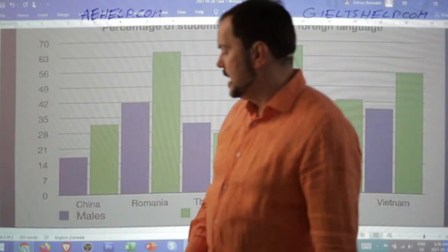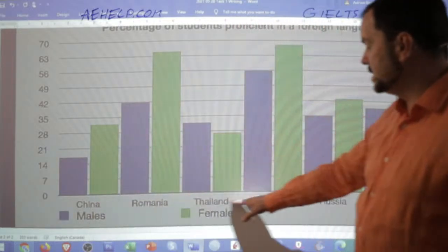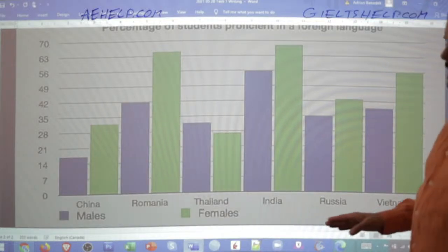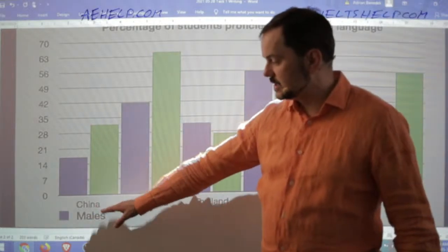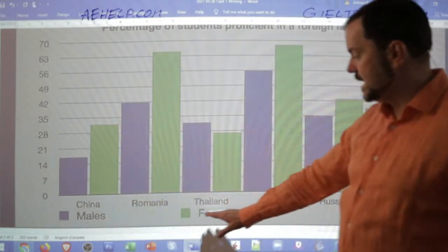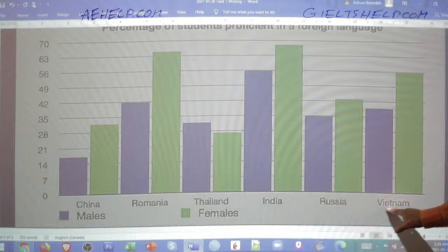Okay, and then on our x-axis, we have our bars, and we have the countries. These countries include China, Romania, Thailand, India, Russia, and Vietnam.